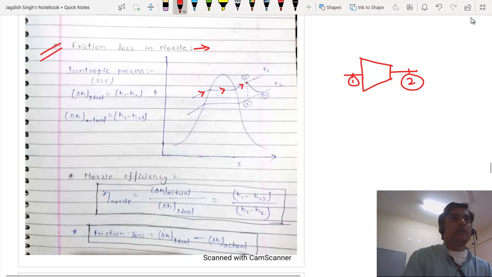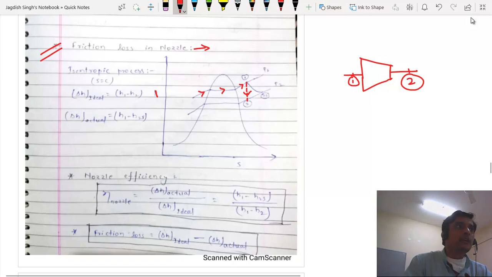When the steam enters the nozzle, we are assuming that the expansion is isentropic. So that's why this line will be vertical.